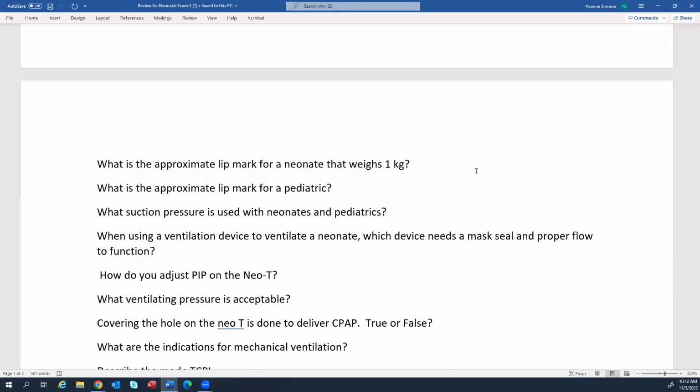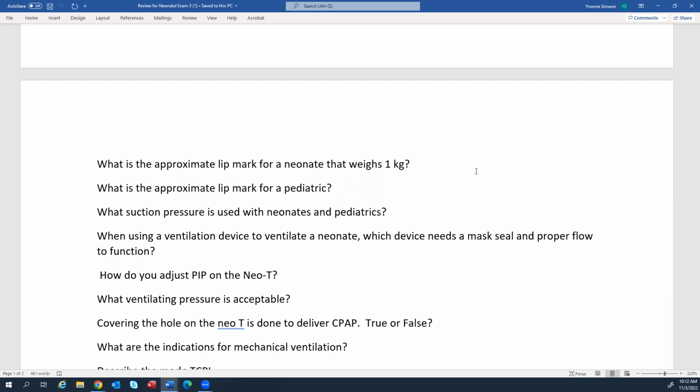Suction pressure used with neonates and pediatrics. So you have to know your proper suction pressure. When using a ventilation device to ventilate a neonate, what device needs a mask seal and proper flow to function?